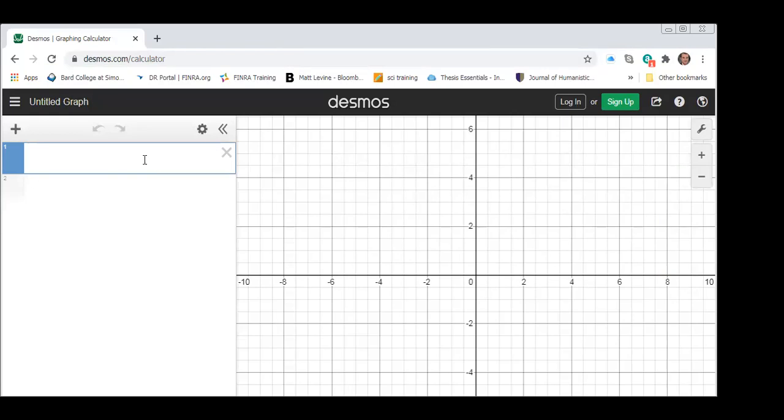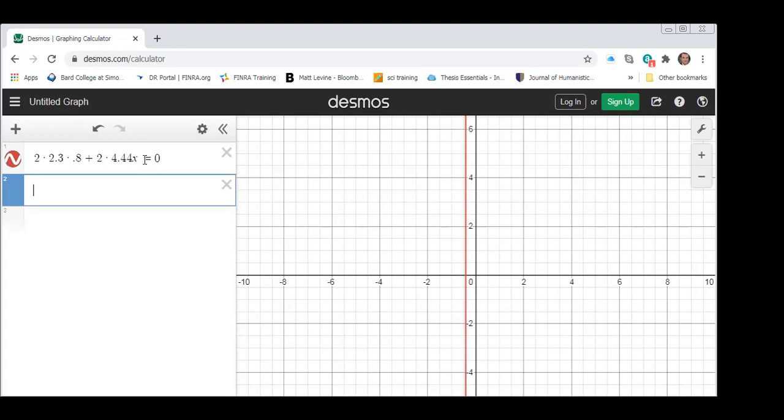So what was it? 2 times 2.3 times 0.8 plus 2 times 4.44 times y prime. Desmos isn't going to let me use y prime, so I'll just use x, and that's equal to 0.